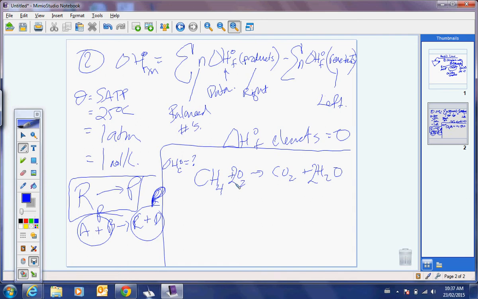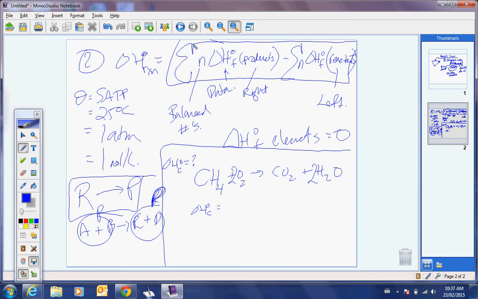Okay? And that's all the information they give me. I don't have any equations to cancel out. So therefore I have to use Hess's law of this. So delta H naught for the combustion equals the sum of this and this and this. And I'm not going to write it all down again.